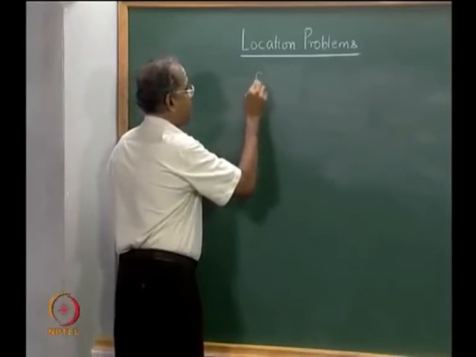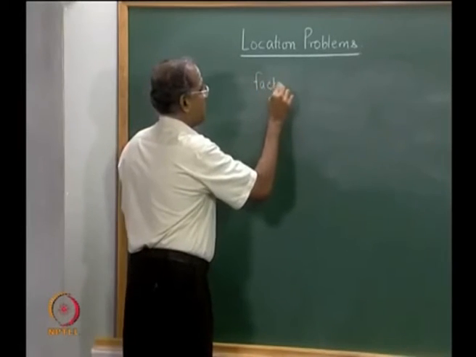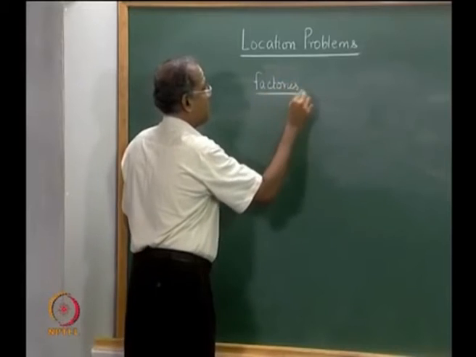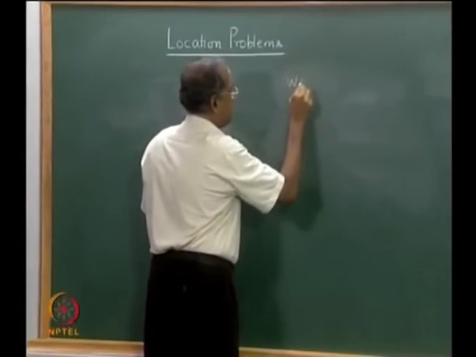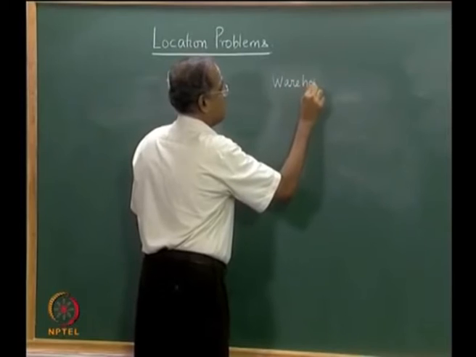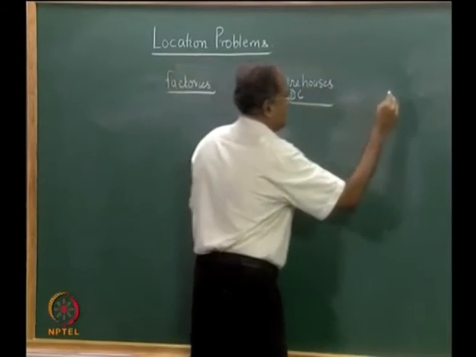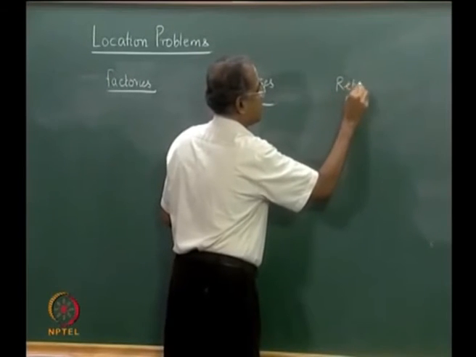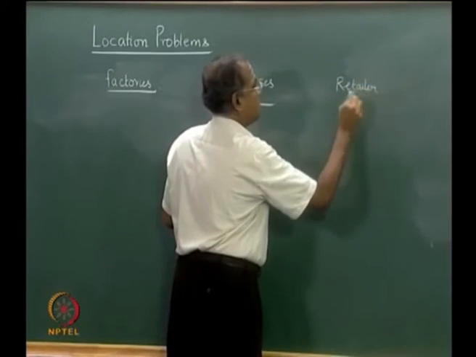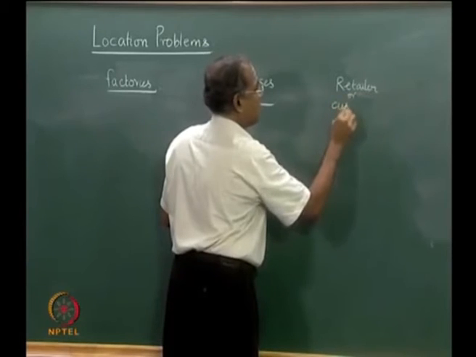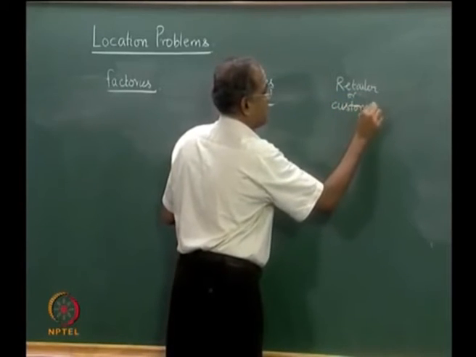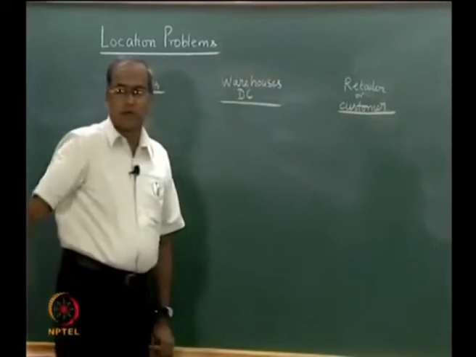So, there could be factories here, there could be warehouses or distribution centers here, and then there would be retailers or customers.